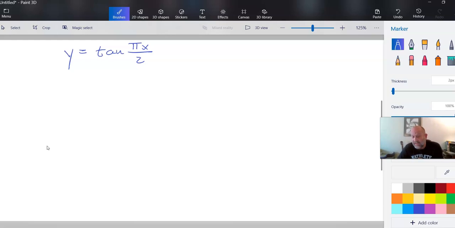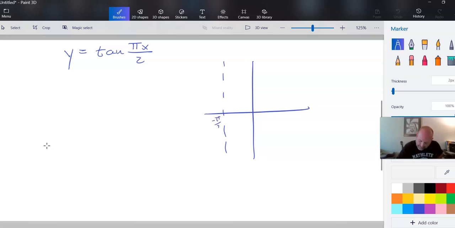But we do know that tangent has asymptotes. If I just look at one period of tangent, I have an asymptote here at negative pi over 2. I have one at pi over 2, right? And this guy goes up on this side and down on this side. And it repeats itself.